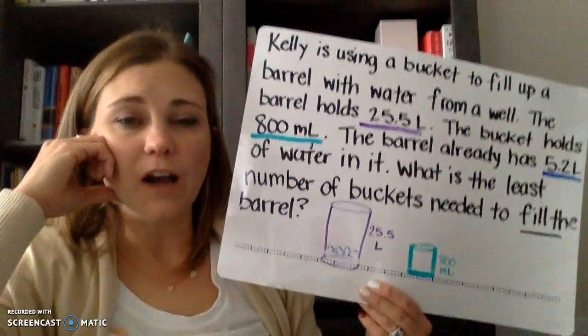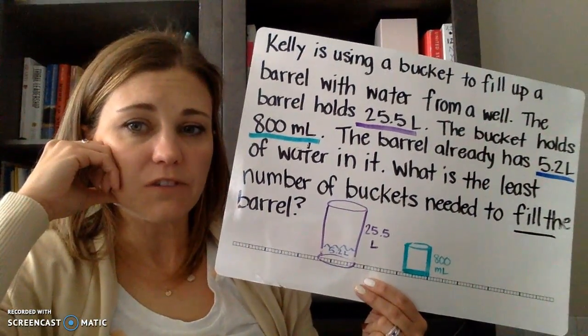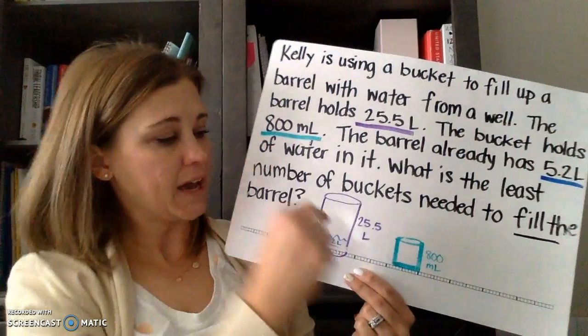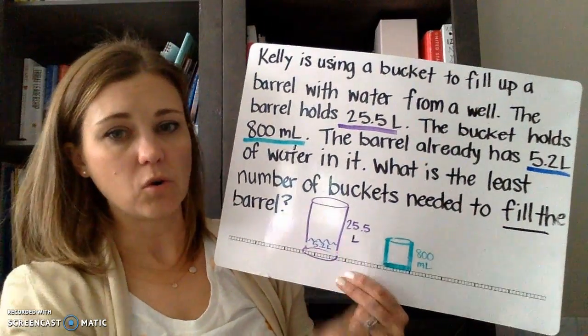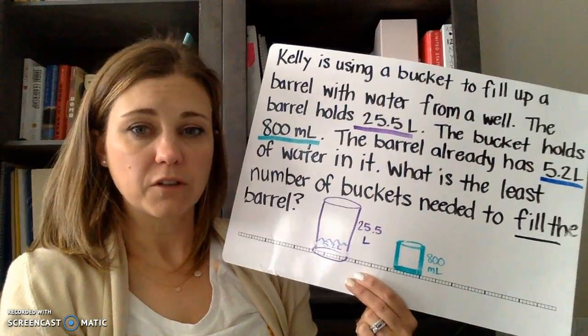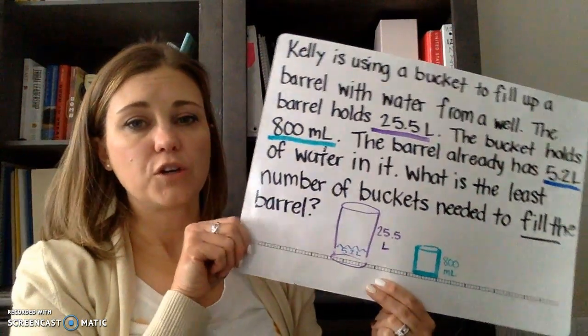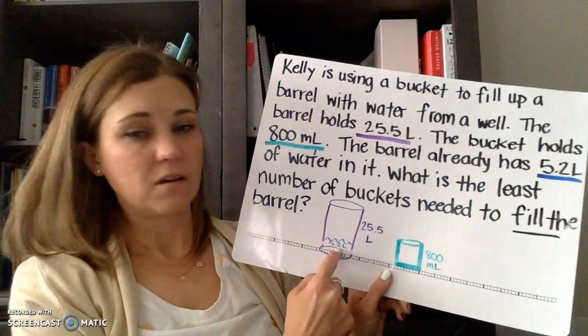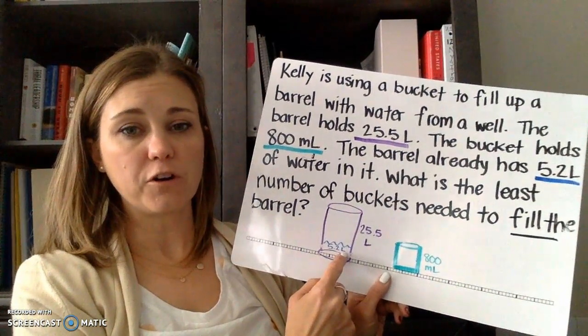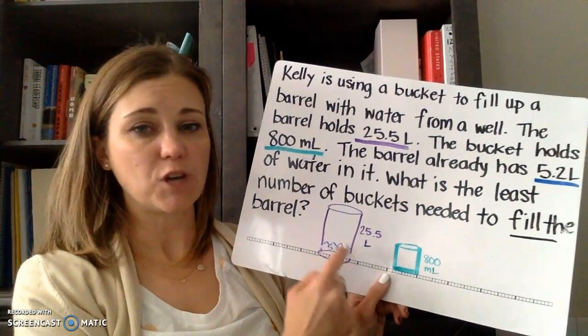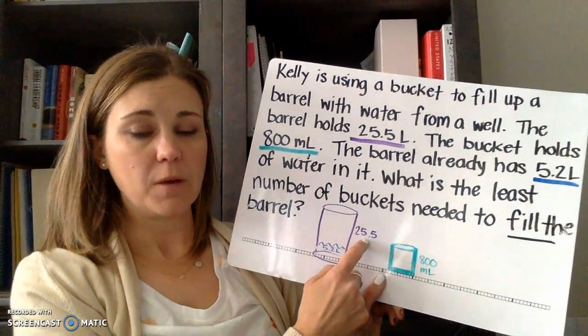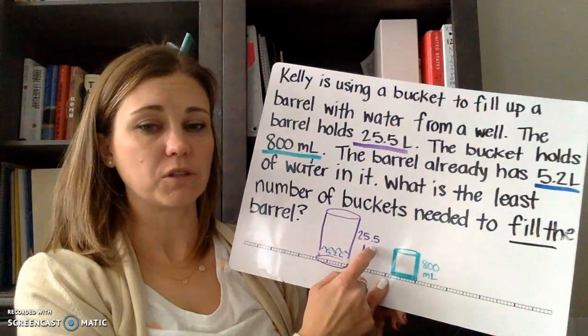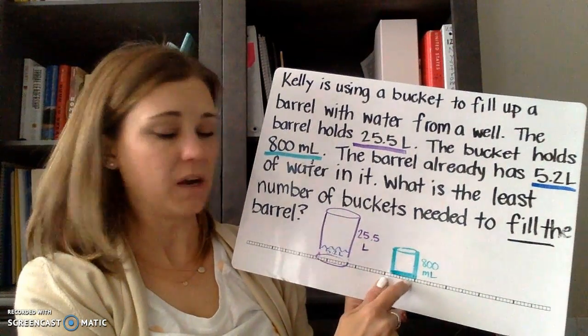So I need to fill it all the way up, but I can't just work with this number or else I would overflow it. There would be too many. So I need to subtract the water that I have away from my total, because that's going to be my new total to figure out how many of my buckets I need to fill it up. So let's do that.